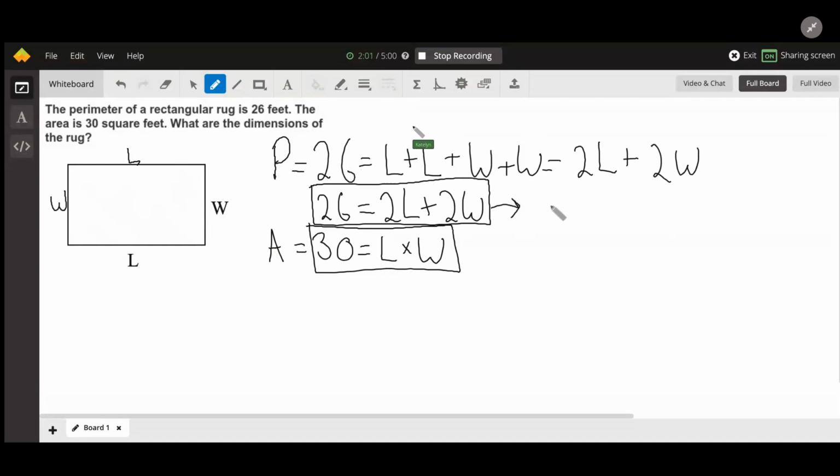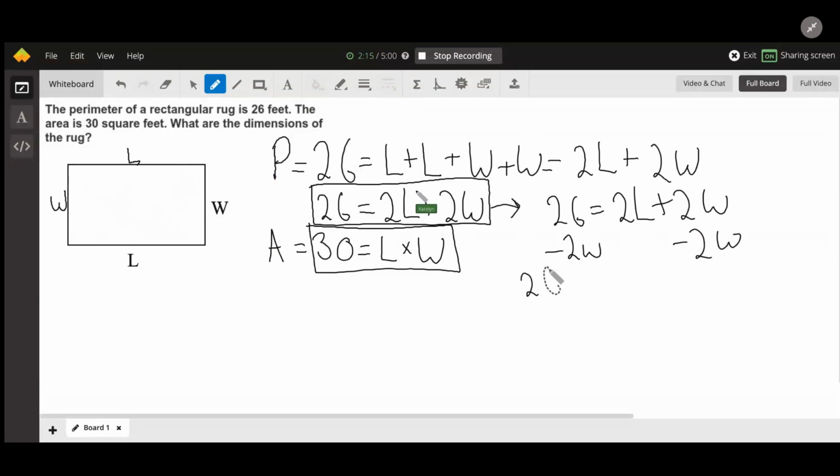So 26 equals 2L plus 2W. If we subtract 2W from each side, we end up with 26 minus 2W equals 2L. And if we divide everything by 2, oops, let's fix that.